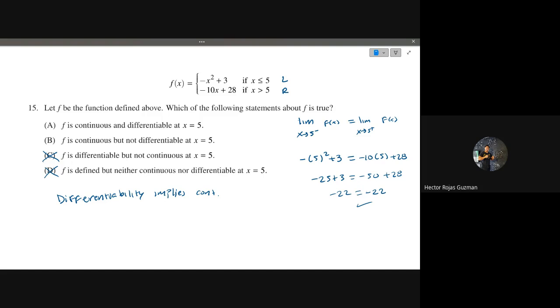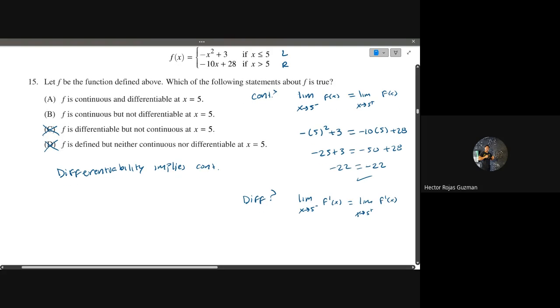So now is it differentiable? Okay, continuous, check. Now differentiable. So we're going to take the limit as x approaches 5 from the left of f prime of x equals the limit as x approaches 5 from the right of f prime of x. So you're going to have to go find the derivatives.